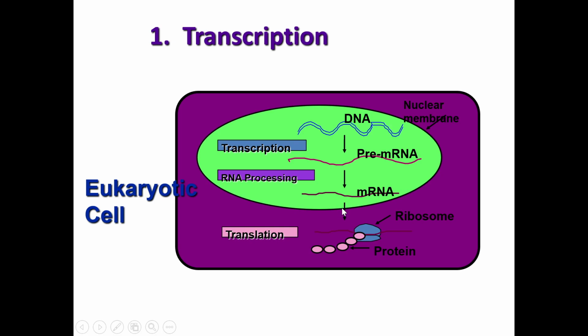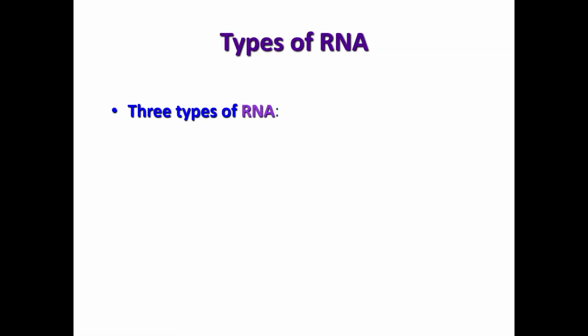Okay. So I told you in the previous slide, translation. From this, the synthesis of a protein is known as translation. So this figure will clearly tell you the definition of transcription as well as translation. Now, which are the types of RNA involved?